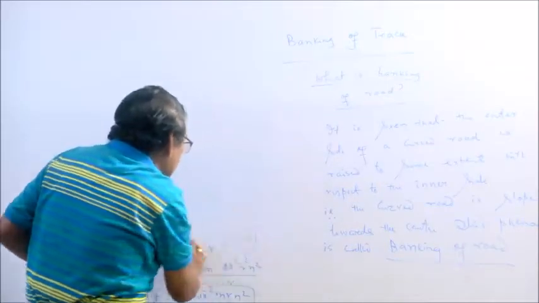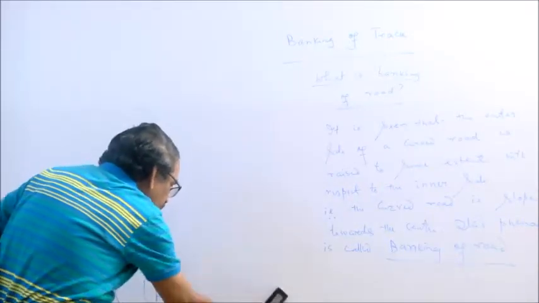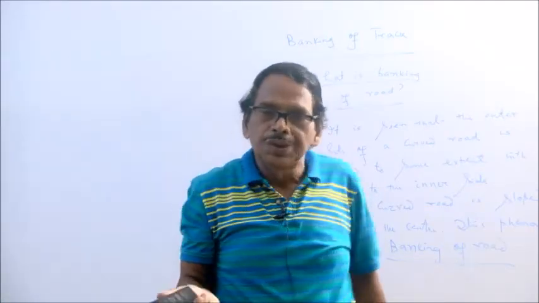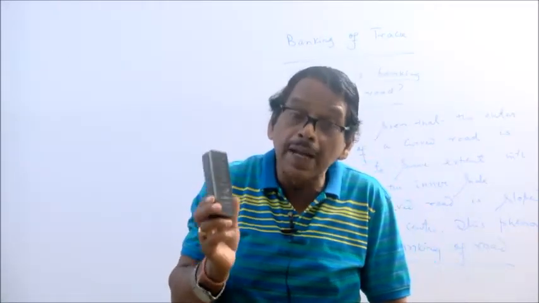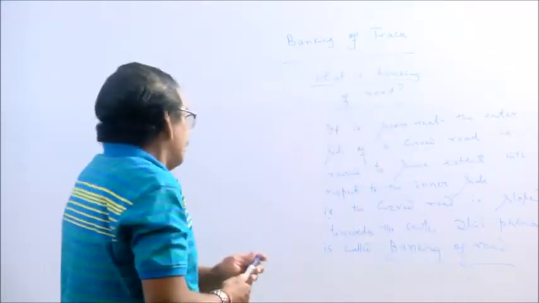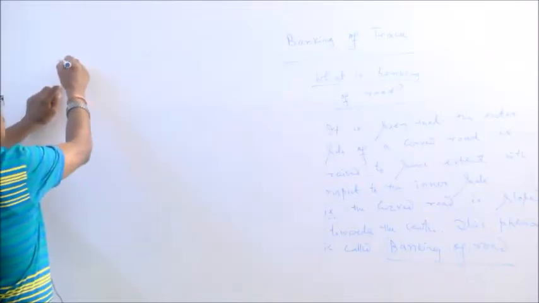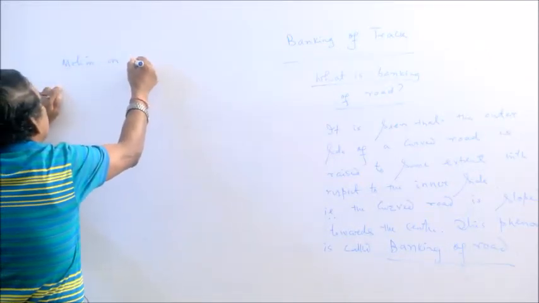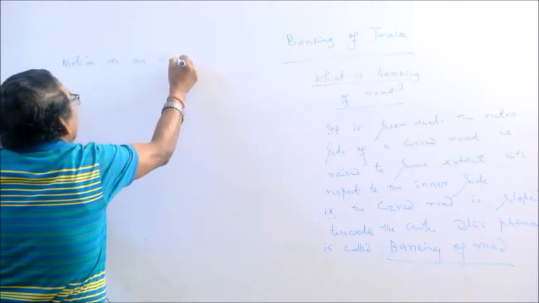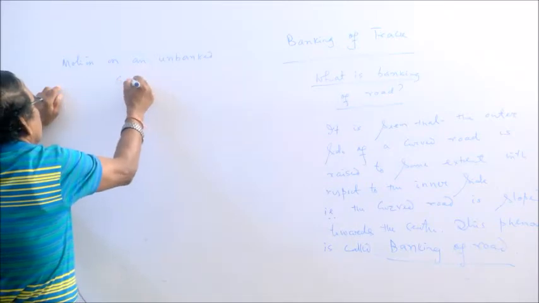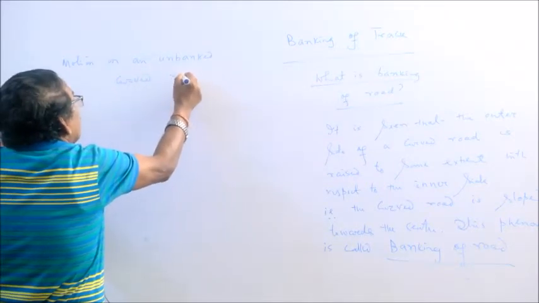Now, why is this banking made? Before discussing the necessity of banking, let us go to the motion on an unbanked curve, when the road is not banked. What is the difficulty there?